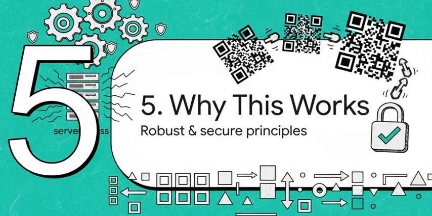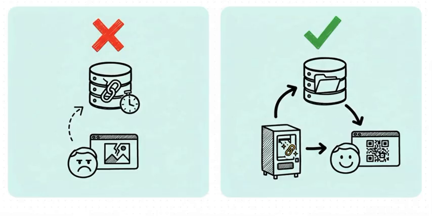So let's step back for a second. Why is this two-function approach so much better than the simple, naive way of doing things? Well, it all boils down to a few core principles that create a system that's truly professional and built to last. Let's just put it side by side. The wrong way, the way that causes so many headaches, is storing a signed URL directly in your database. That link will expire.